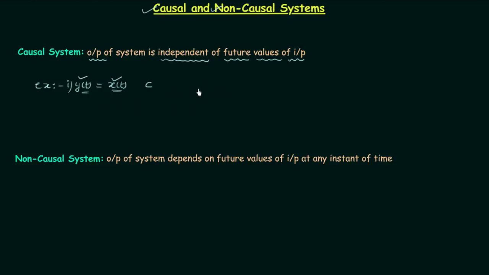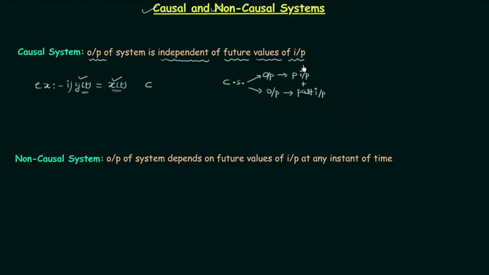So we can define the causal systems in another way. We can say causal systems are those systems in which the output of the system is only dependent on the present input, or only dependent on the past input, or the combination of both. It can either depend on present input, past input, or the combination of both.